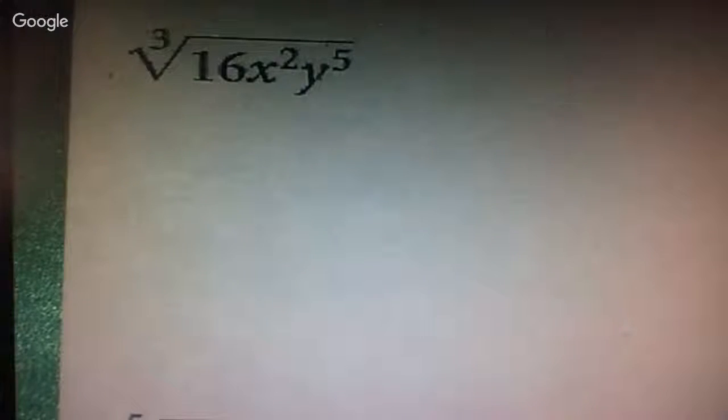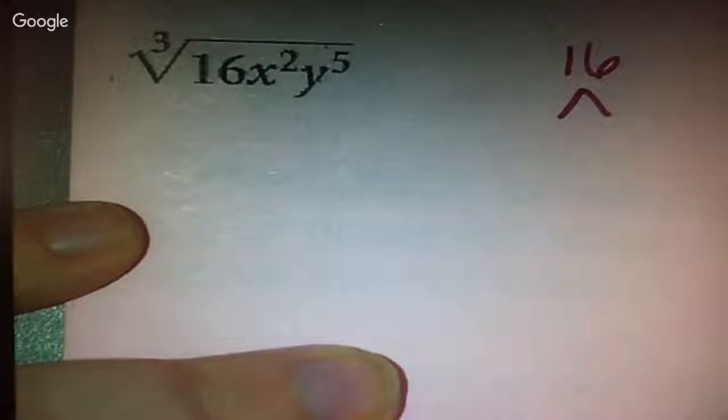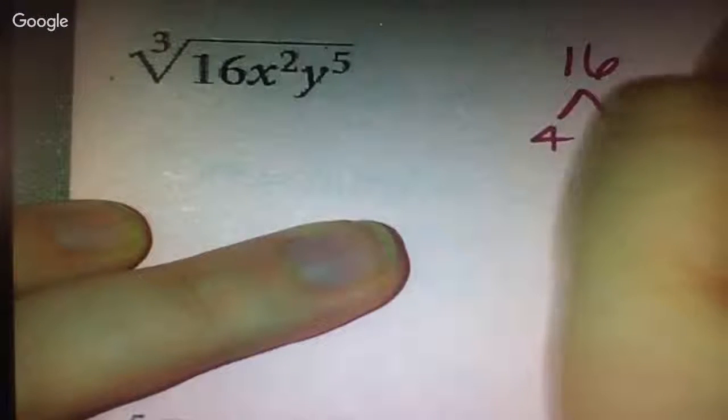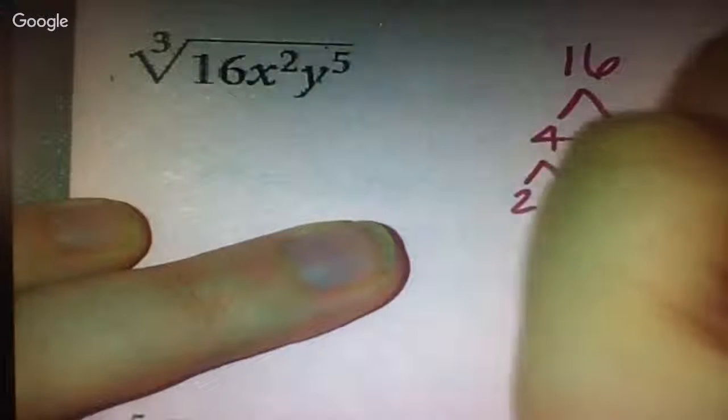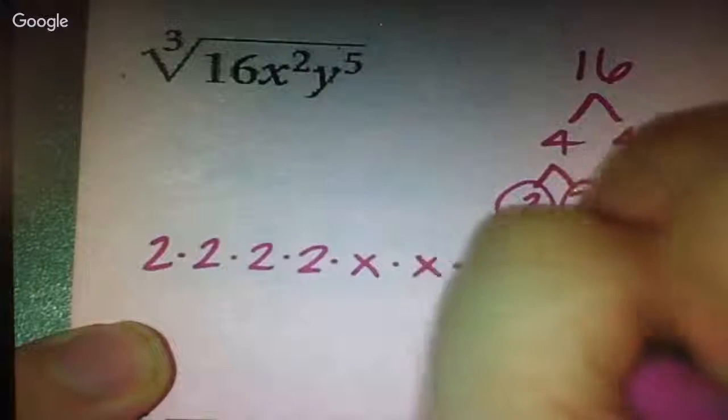So the cubed root. We're breaking down 16: 4 and 4, 2, 2, 2, 2. So this is 2 times 2 times 2 times 2. I've got 2 x's and 5 y's.